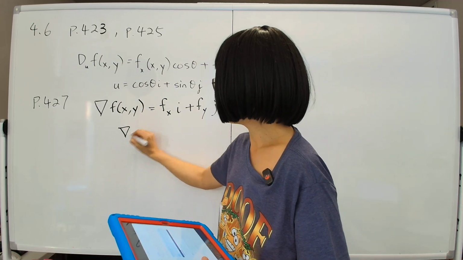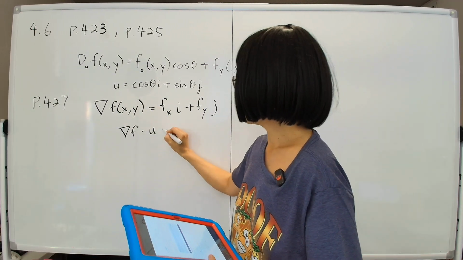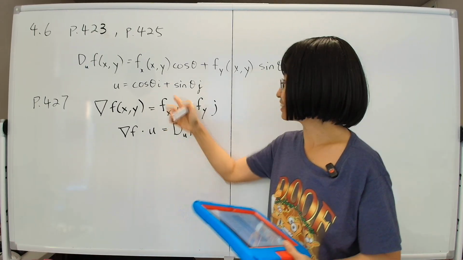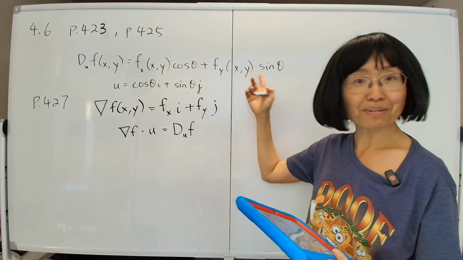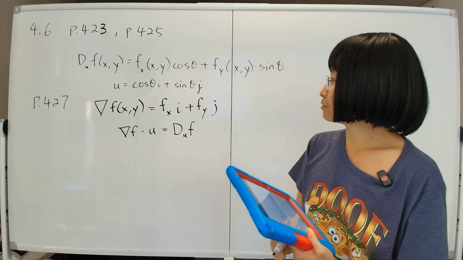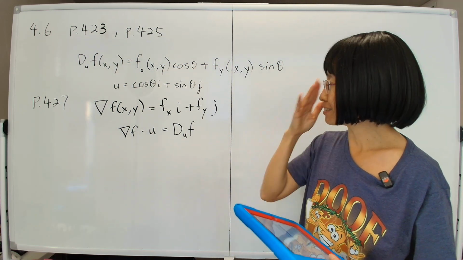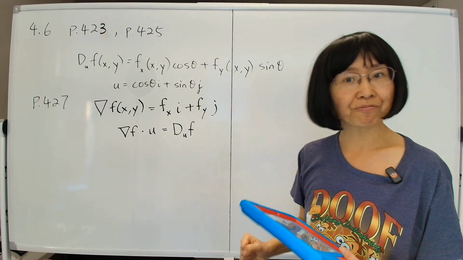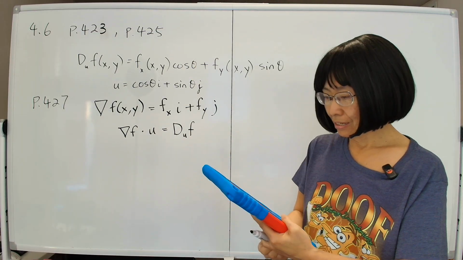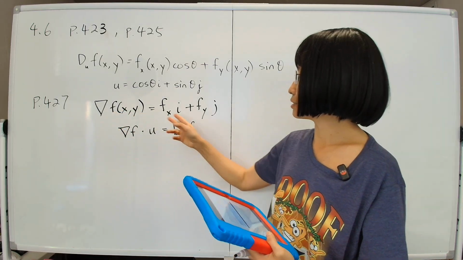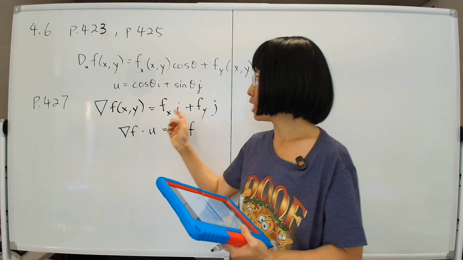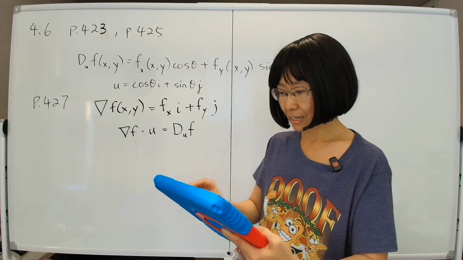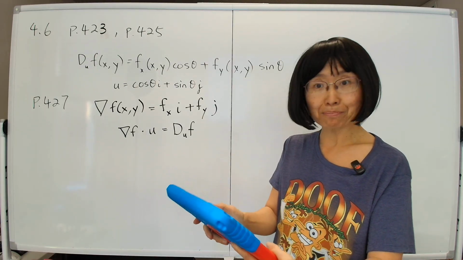So grad f dot u equals the directional derivative D_u of f. That's by the definition. So you can take the dot product as a shorthand form of expressing the directional derivative. And this thing is defined as the gradient, grad f. The upside down triangle is also pronounced as del, or as your book calls it, nabla.